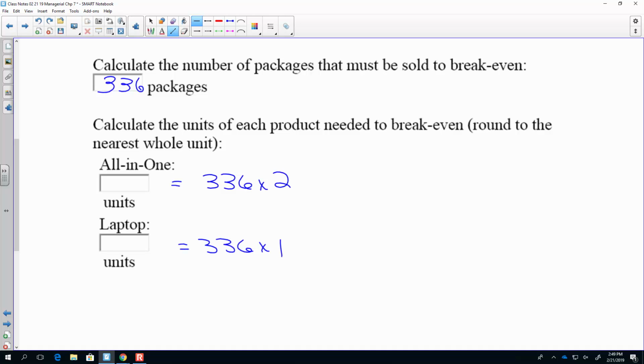So 672, 336 to break even. I think we've done enough of those multi-product ones. If they go beyond 2 products, then you need special software to really figure out what is the optimal mix.